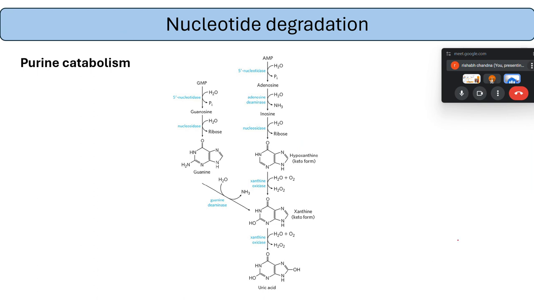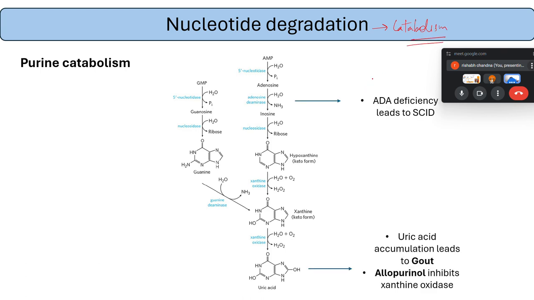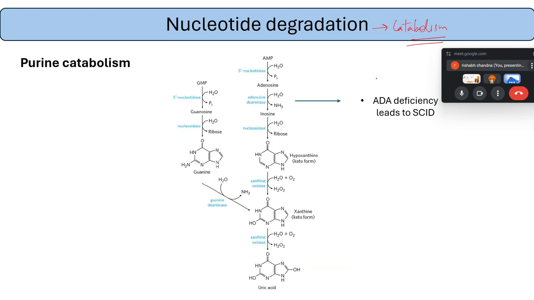Okay, now we'll be moving on to the nucleotide degradation part, that is the nucleotide catabolism. So first we'll study the purine catabolism part. So we have two nucleotides here, GMP, guanosine monophosphate, and AMP, that is adenosine monophosphate.